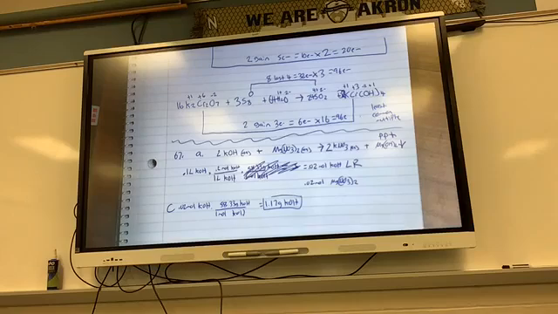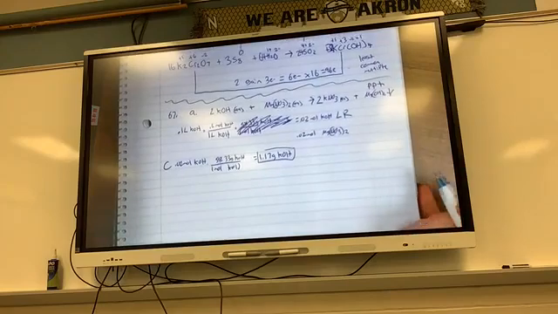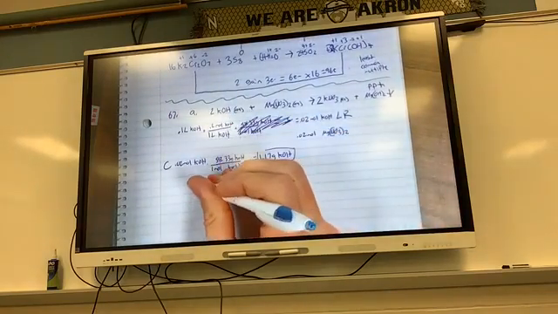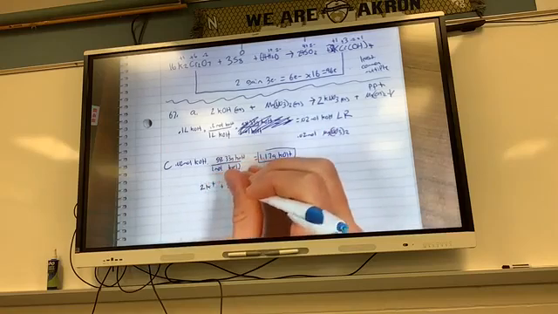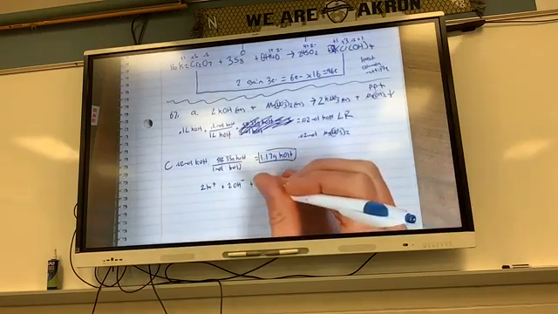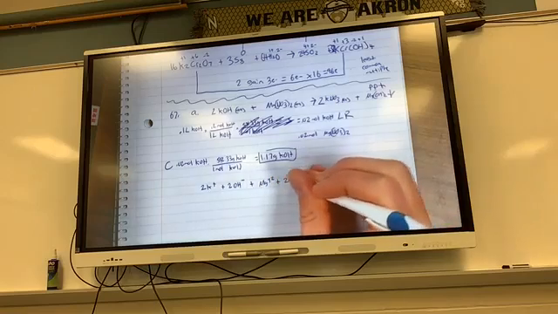And then D, calculate the concentration of each ion remaining in the solution after precipitation is complete. It's probably good that we're doing one of these, in all honesty. So now I've got to do my net ionic equation, right? So here's my balanced equation. That's going to split into 2K+ plus 2OH-, let me know if you have questions, plus Mg2+ plus 2NO3-.